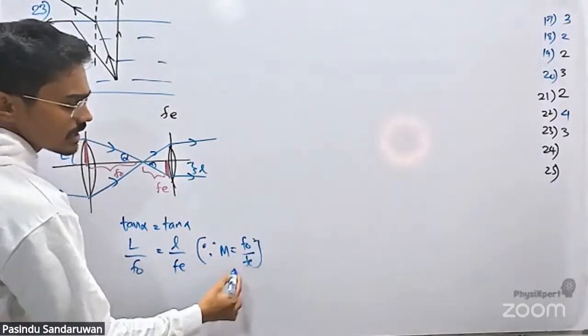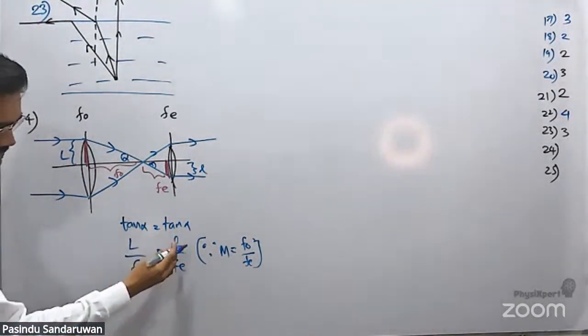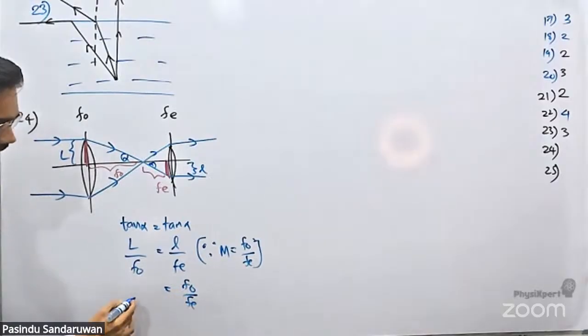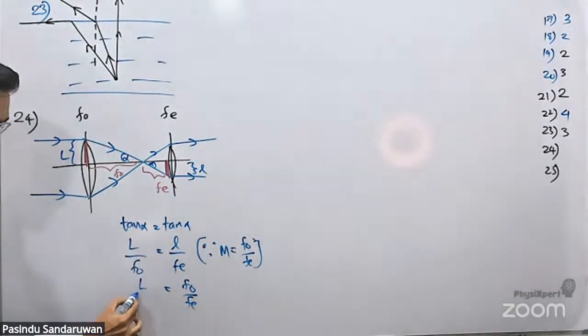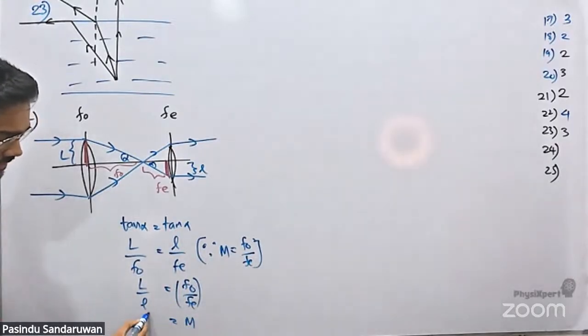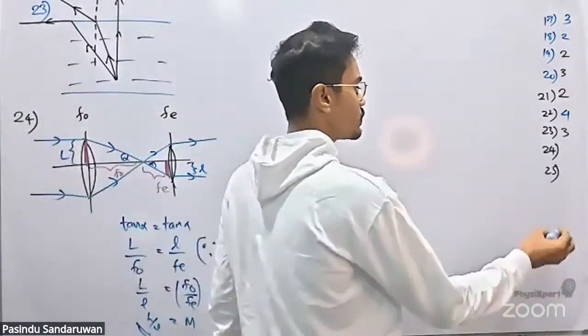So therefore, I'm going to create fo over fe here, cross multiply this thing. Then fo over fe can be written as capital L over simple l. So this is actually the magnification, which means magnification equals capital L over simple l. This is the answer. Answer 1. For 24, answer 1.